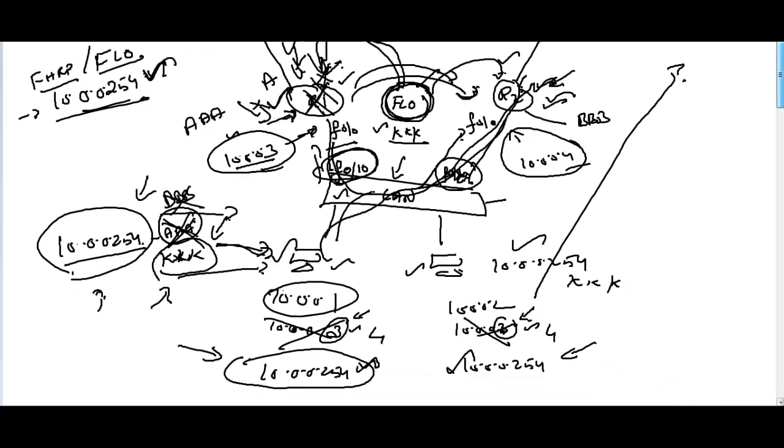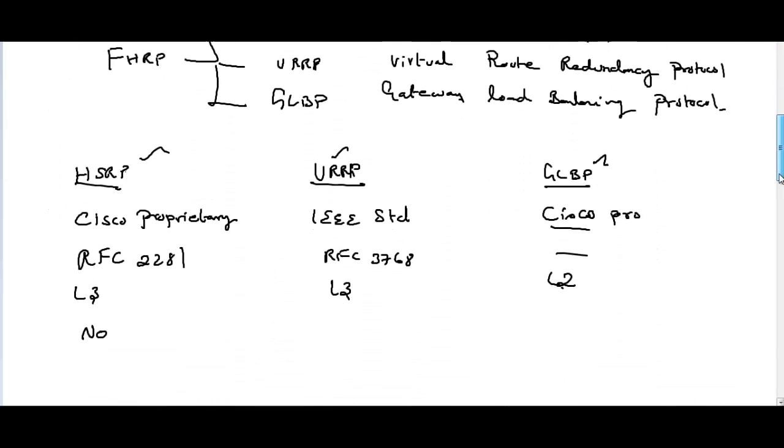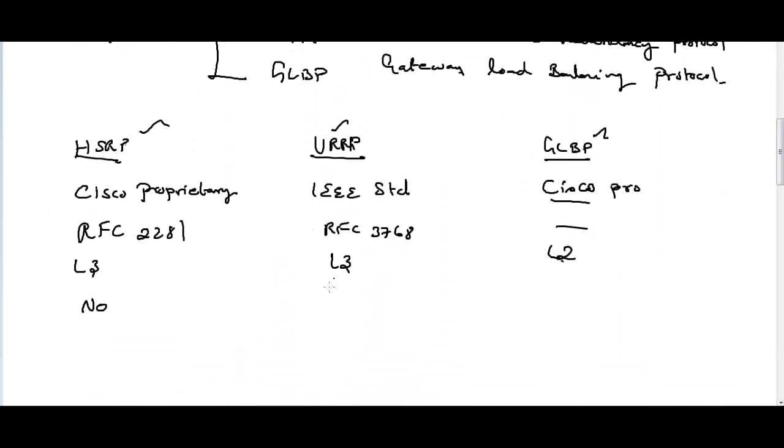Same in VRRP. Whereas in GLBP, as the name says, Gateway Load Balancing Protocol, the load will be balanced between R1 and R2. That's the difference between HSRP and GLBP. Load balancing is not there in HSRP.